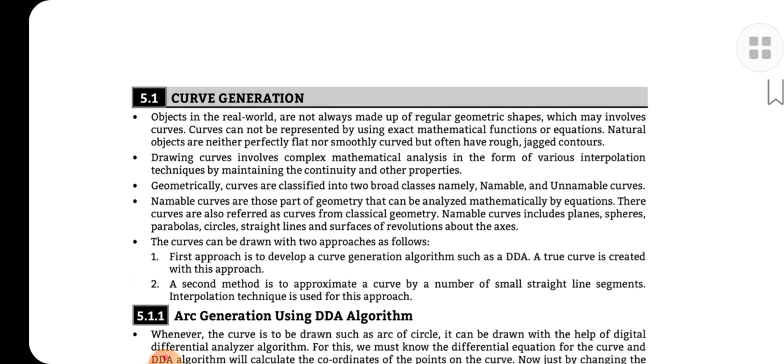Natural objects are neither perfectly flat nor smoothly curved but often have rough jagged contours. Drawing curves involves complex mathematical analysis in the form of various interpolation techniques, maintaining continuity and other properties.